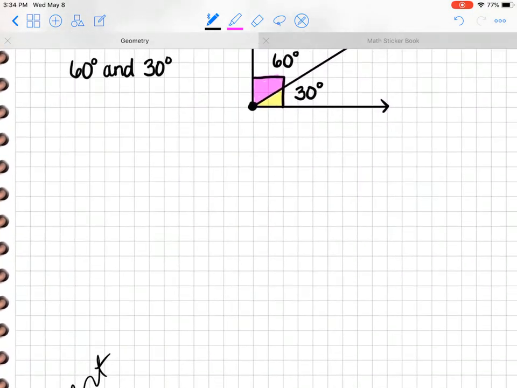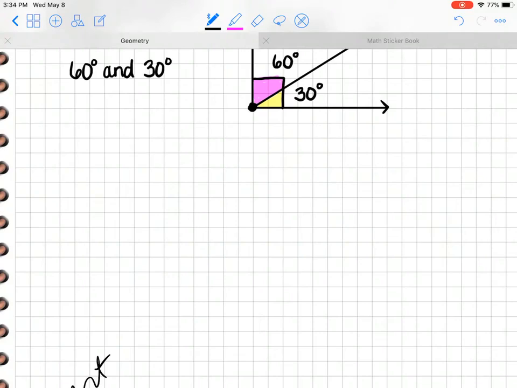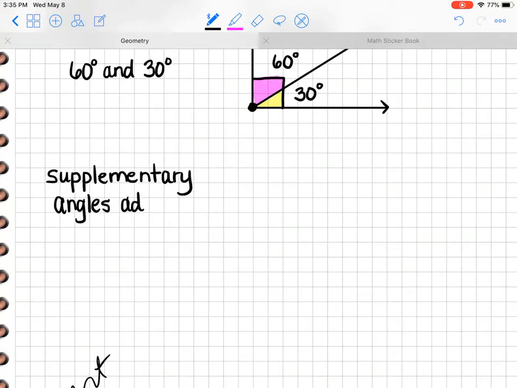Okay, let's talk about supplementary angles. You have to remember complement, and you have to remember supplement or supplementary angles. Those add up to 180.